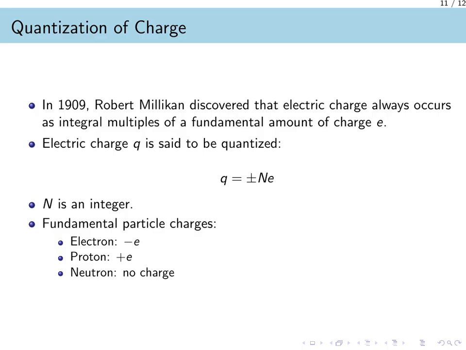This is expressed mathematically by Q equals plus or minus N times E, where N is an integer. Looking at fundamental atomic particles, an electron has a charge of negative E, a proton has a charge of positive E, and a neutron possesses no electrical charge at all.